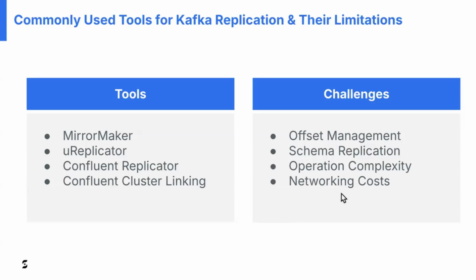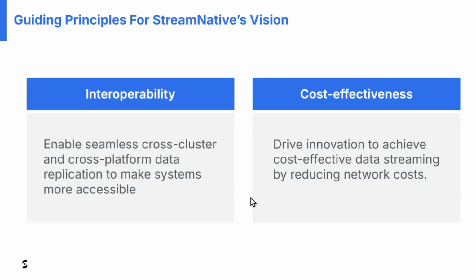So we've been tracking these challenges. And I should say that from StreamNative's perspective, there are two principles which have been really important for us while trying to design a solution for the problem. The first one is really interoperability. This is the part I was referring to before, where we started off with Apache Pulsar solving a lot of problems which Kafka had for a long time. And then we want to roll out those solutions to the broader Kafka community by opening up our infrastructure via Kafka compatibility API.